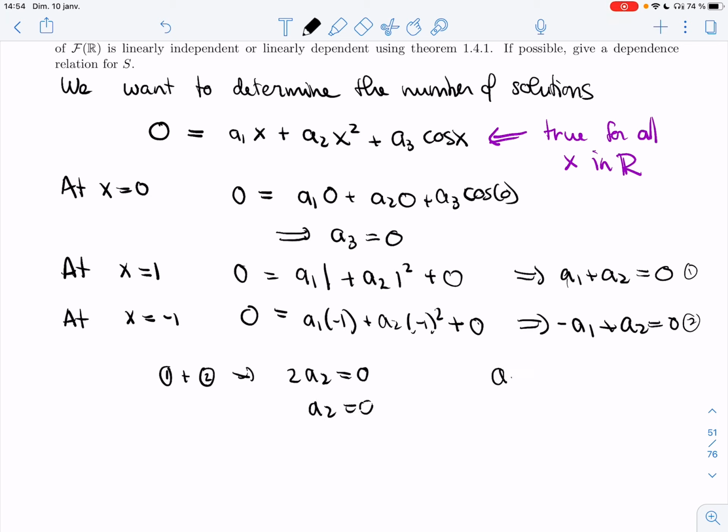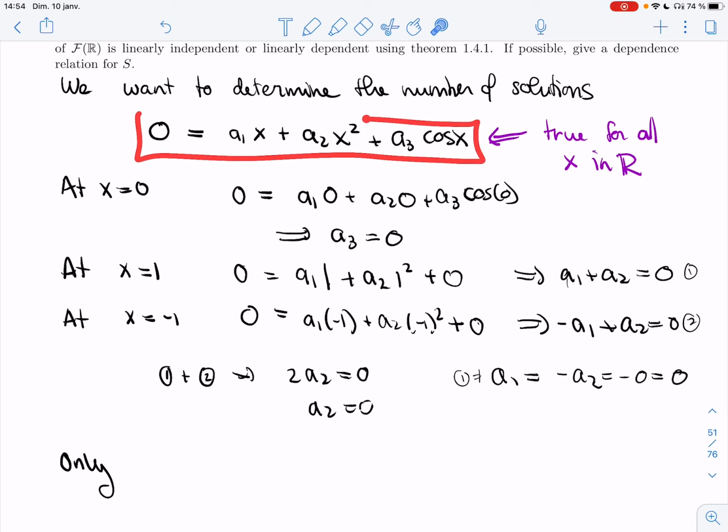And then a1, if I look at the first one, a1 is minus a2, which is minus 0, which is 0. So the only way for this equation to hold for functions, so true for all x and r, would be if a1, a2, and a3, all three of them are 0.